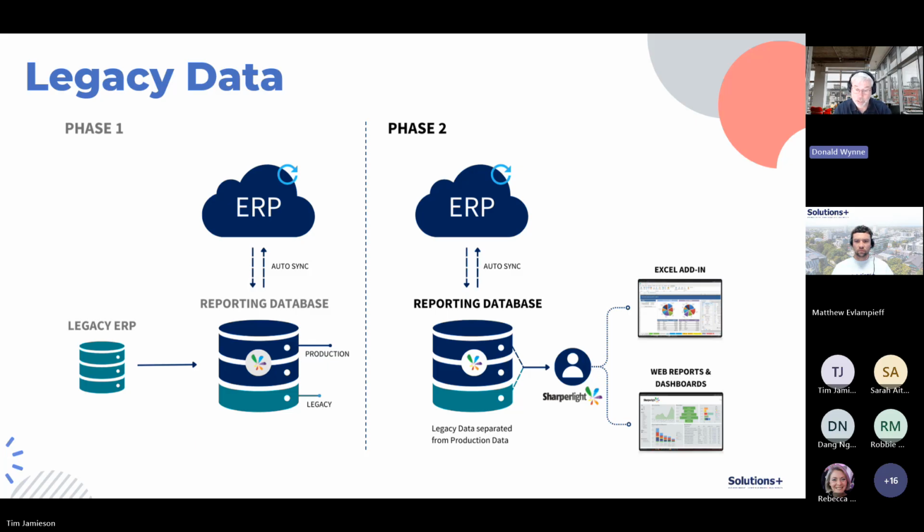So with Sharperlight, you can actually connect directly to those systems. For example, if you're going from Nav to Business Central, we have connectors to both Nav and Business Central. If you're going from MYOB to SAP Business One, we have connectors for those as well.